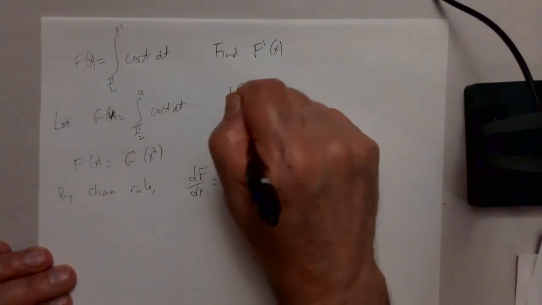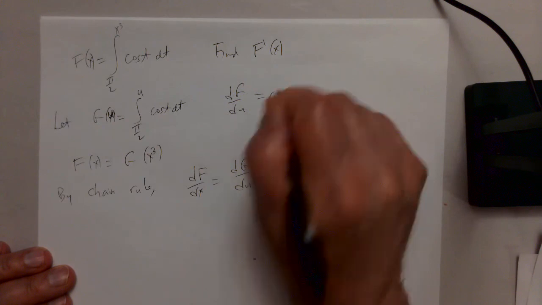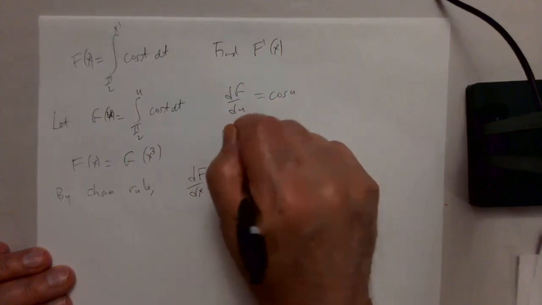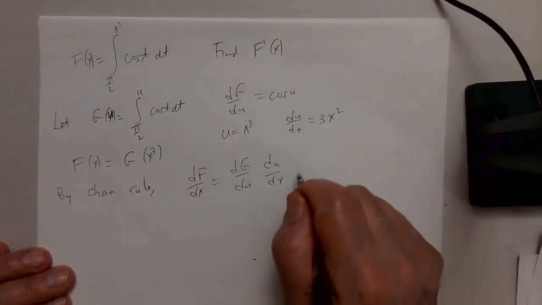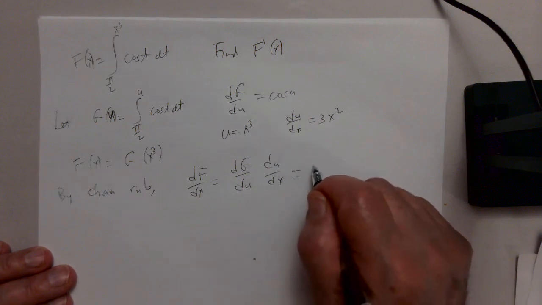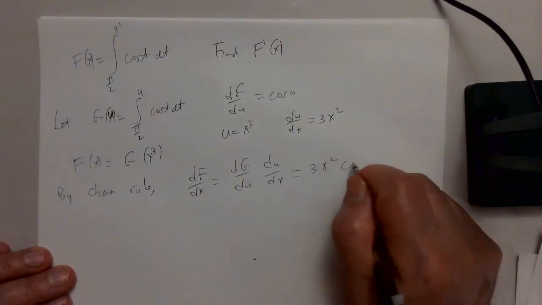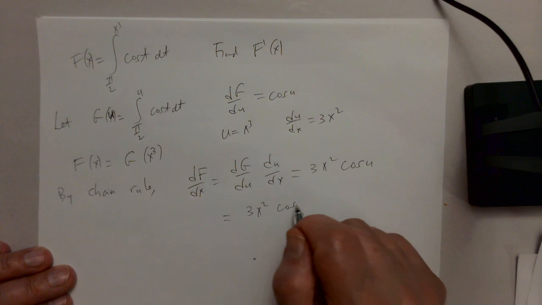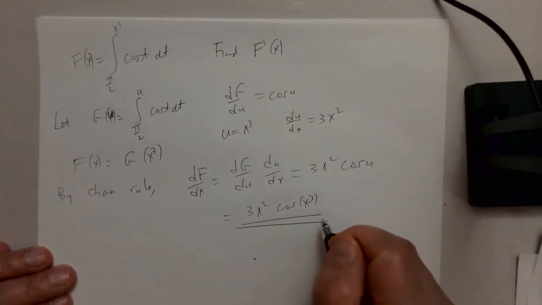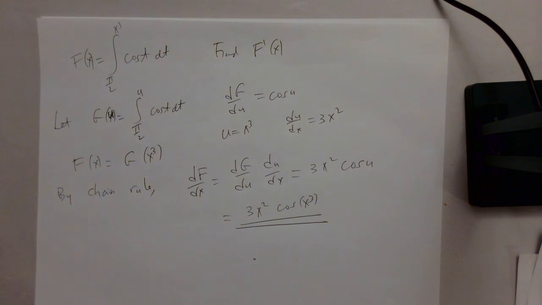What is dg/du? This is just cosine of u. U is x cubed. What is du/dx? 3x squared. So this is equal to 3x squared times the cosine of u, which is 3x squared times the cosine of x cubed. That is using the second fundamental theorem of calculus.